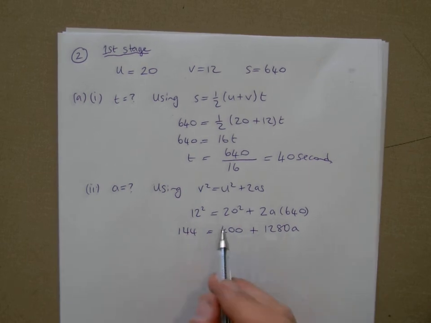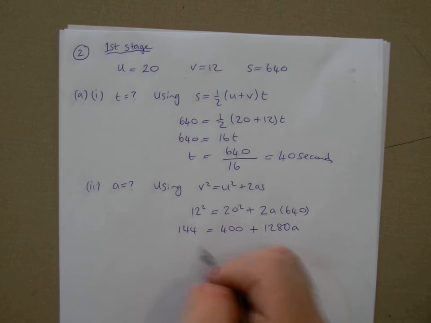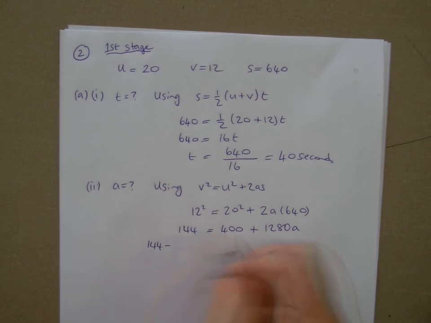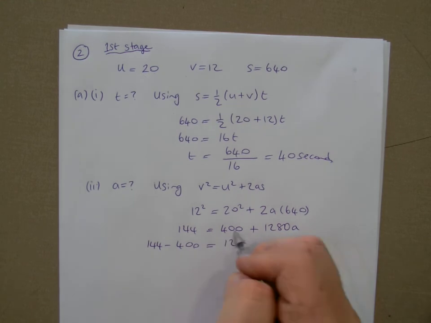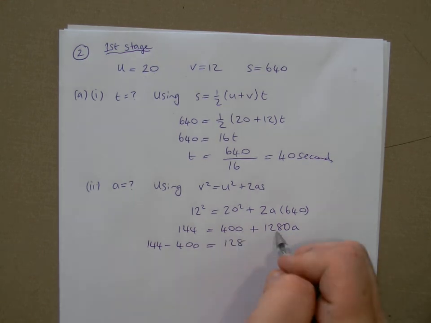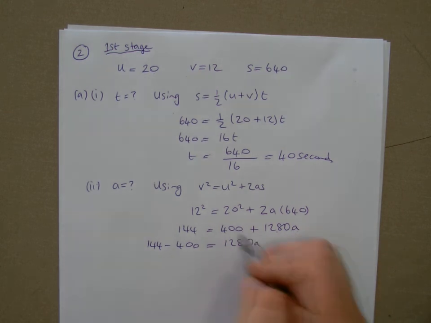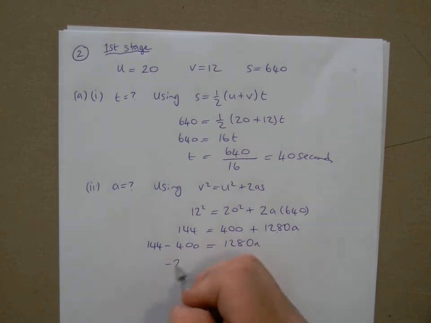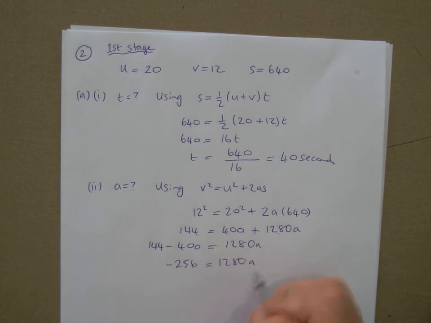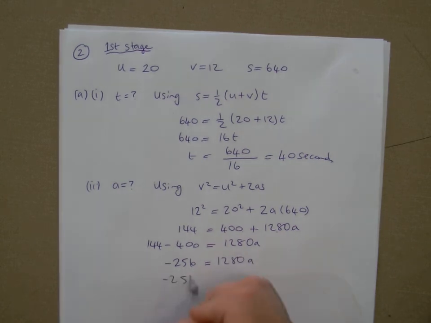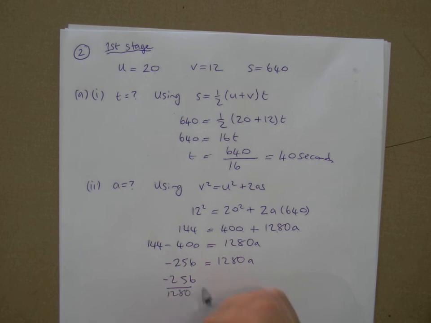Now what I could do is take the 400 over the other side, because you can't put 400 and 1280a together. There's an a term there, so you've got to keep that separate. Take the 400 over there, it becomes a minus 400. So this will be minus 256 equals 1280a. And to get a then, of course, I need to take this over and divide.